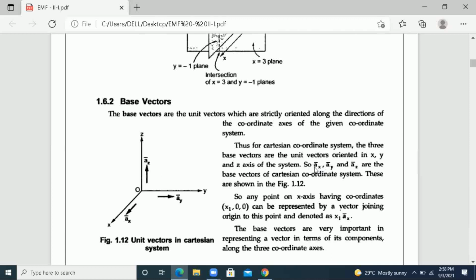So the base vectors for a Cartesian system are the unit vector along the x-axis, ax, the unit vector along the y-axis, ay, and the unit vector along the z-axis, az. So here are your unit vectors, which are your base vectors.